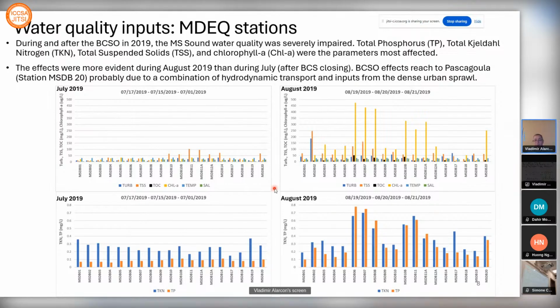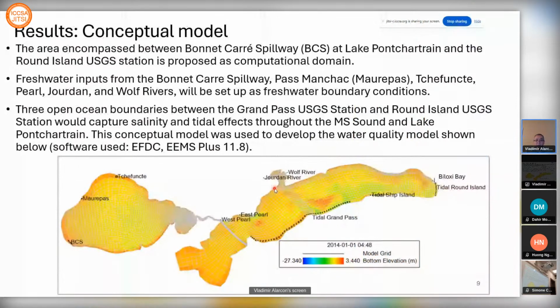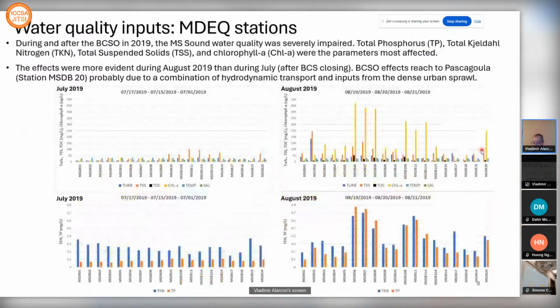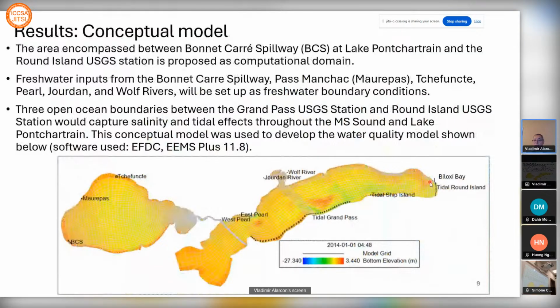So with all of that analysis of observed data, we have come up with this hydrodynamic model that covers, of course, Lake Pontchartrain and most of the Mississippi Sound, and we have implemented this eastern limit, just taking a look at this data, that for eastern stations, the consequences around this longitude are smaller than for western locations.